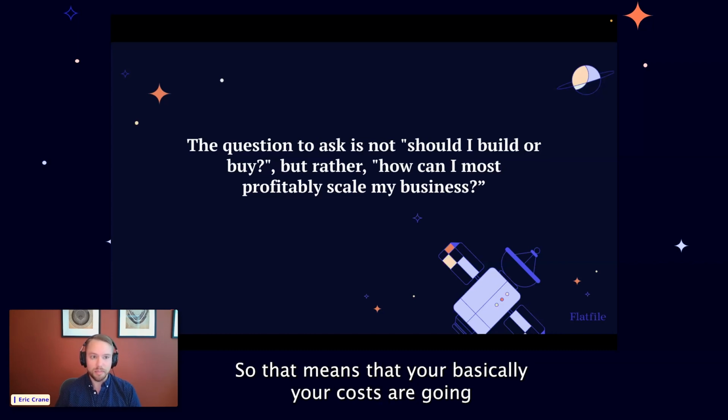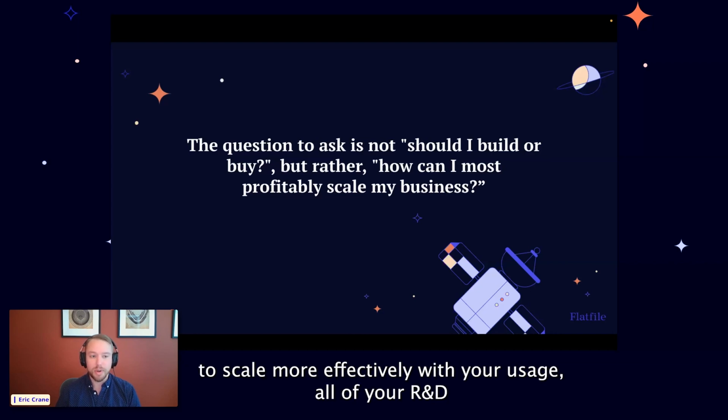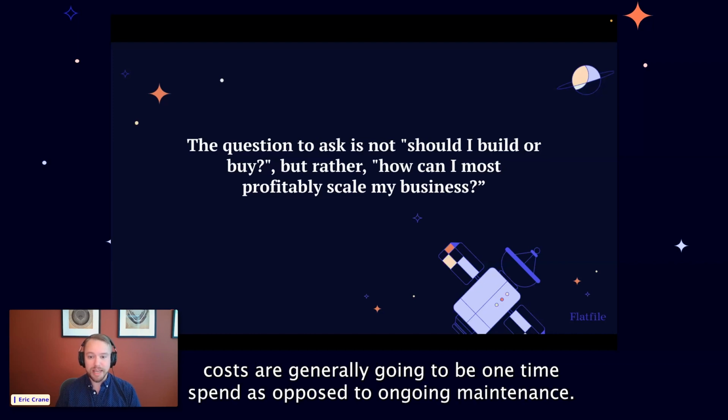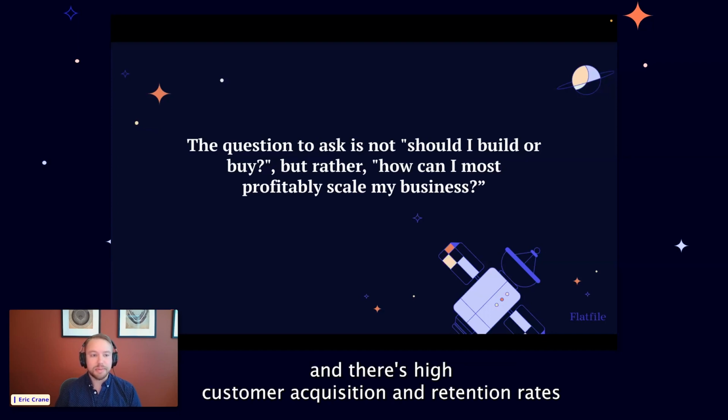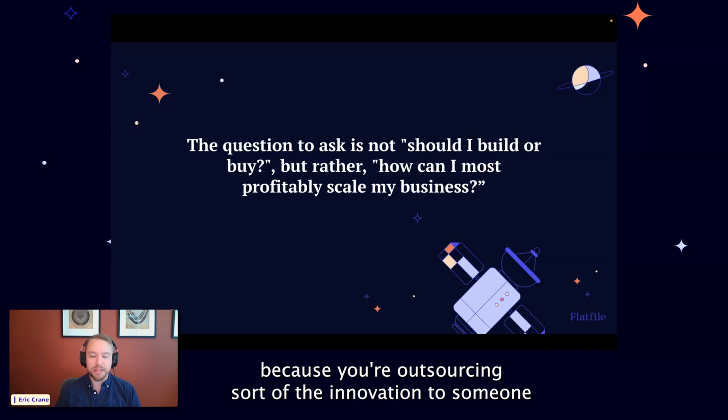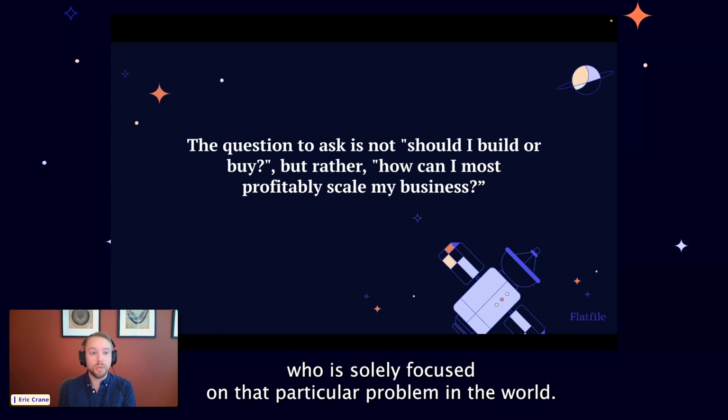So that means that your costs are going to scale more effectively with your usage. All of your R&D costs are generally going to be one-time spend as opposed to ongoing maintenance and needing to add new features. And there's high customer acquisition and retention rates because you're outsourcing the innovation to someone who is solely focused on that particular problem in the world.